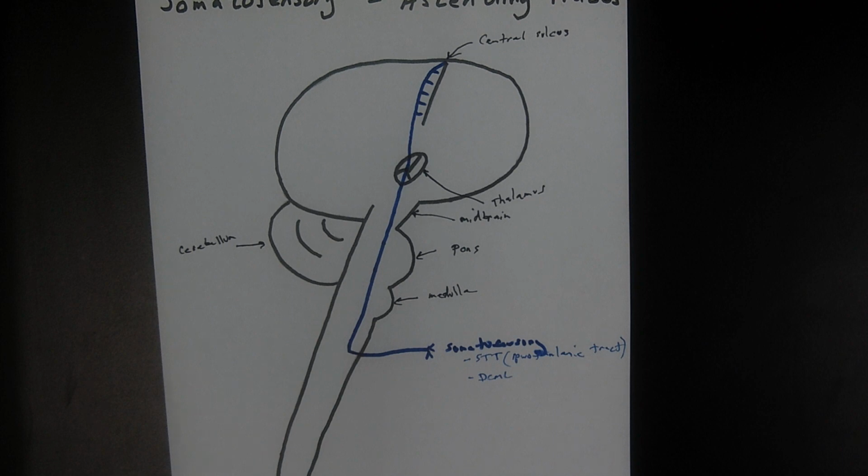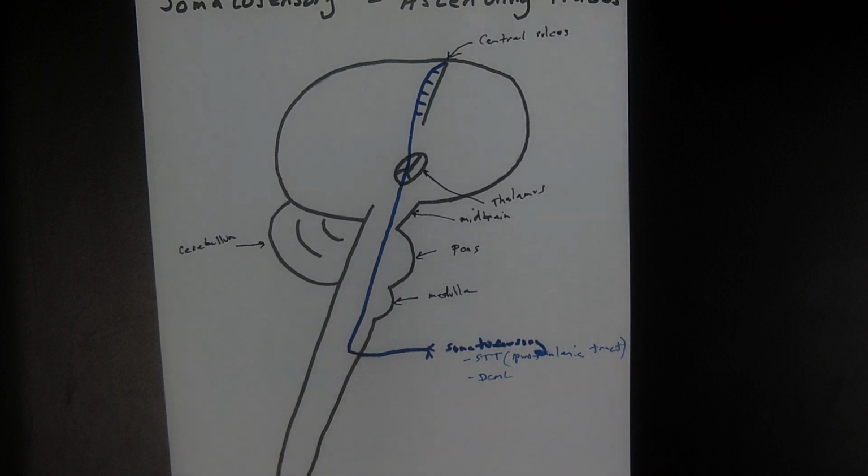Now, I'm going to choose to represent the sensory information in either blue or green going forward. As long as you keep consistent colors throughout, I think it might make it easier. There's another tract that we haven't really talked about before.